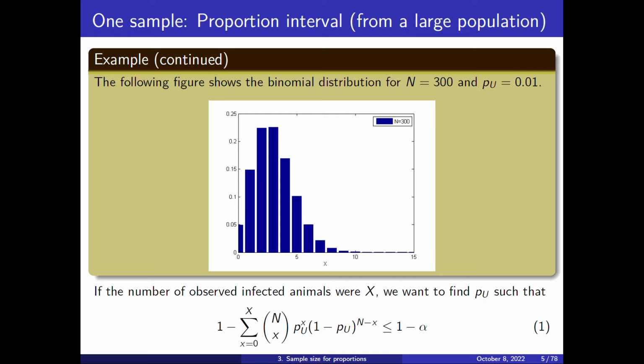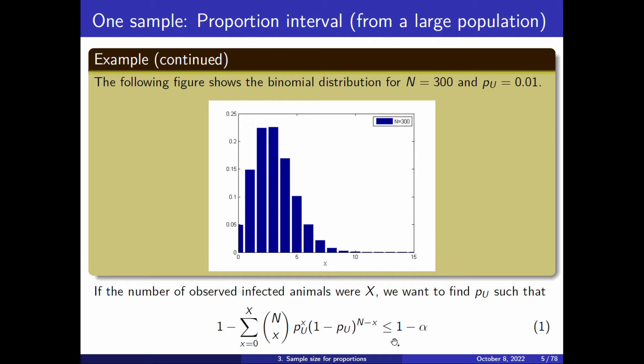So given that we have observed X animals, we want to find a probability of infection. We want to find the upper bound such that all this area up to X, the value that we have observed, has probability 1 minus alpha.